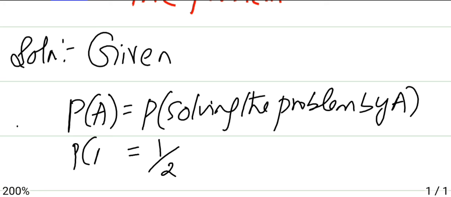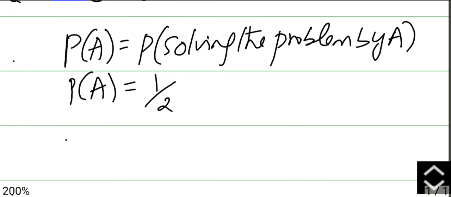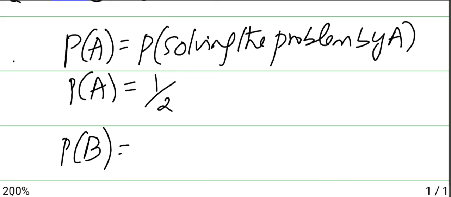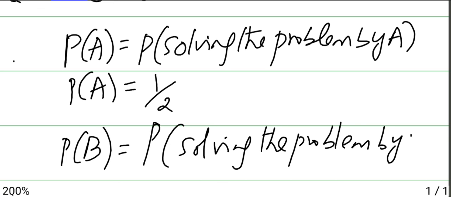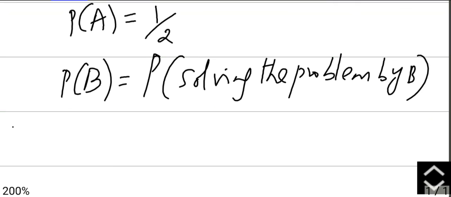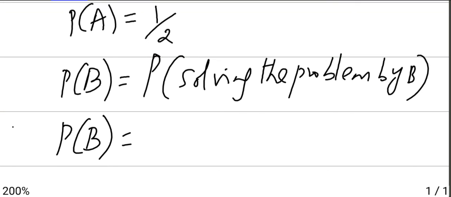That is P of A is 1 by 2. Then P of B is the probability of solving the problem by B. P of B is 1 by 3.